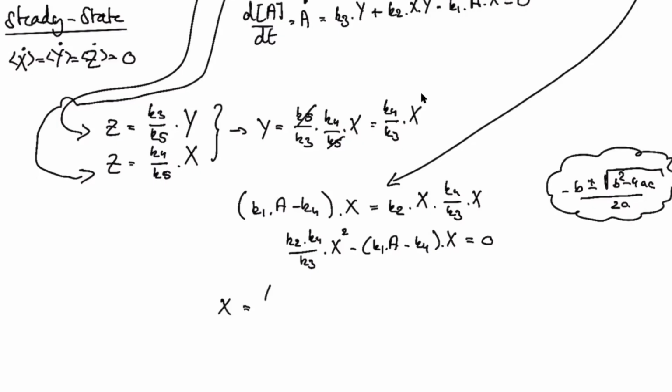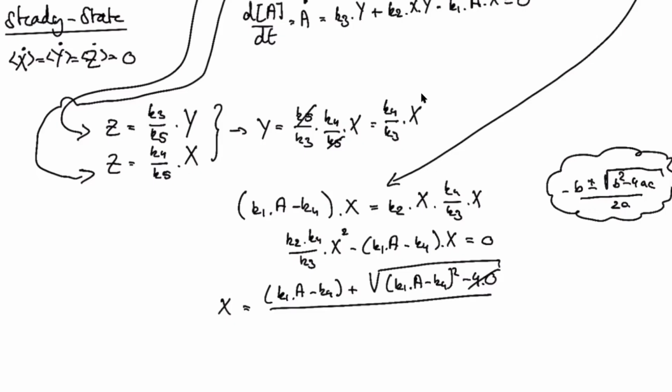So minus K1 times A minus K4, plus the square root of K1 times A minus K4 squared minus 4 times C, well, that's 0, over 2 times K2 times K4 over K3.